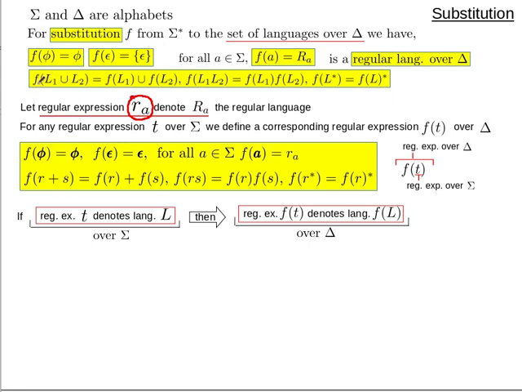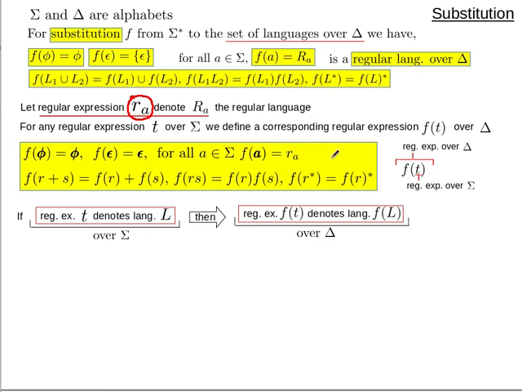So the difference is here we do not need L1 L2 to be regular, but if we restrict ourselves to regular languages, then we can take R and S such that L1 is the language denoted by R, and L2 is the language denoted by S. Then union is written as plus, so this union becomes this plus this. So we can translate these properties into equations over regular languages, provided we are only talking about regular languages.